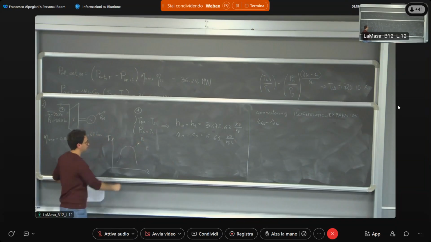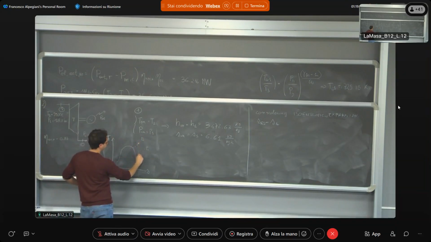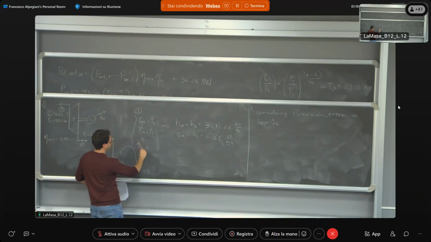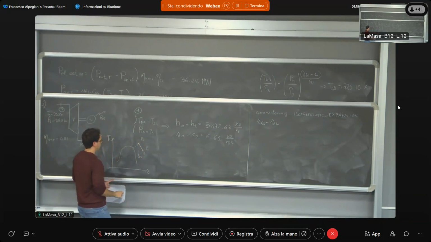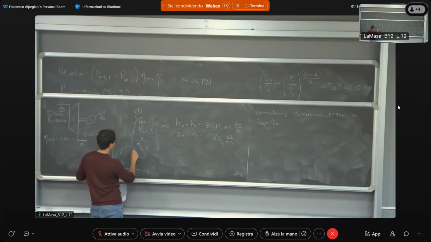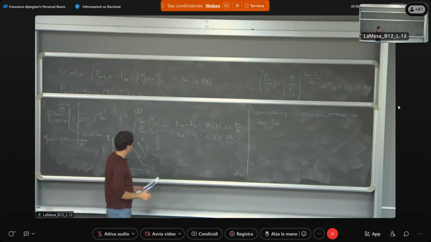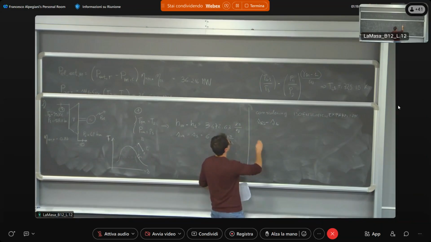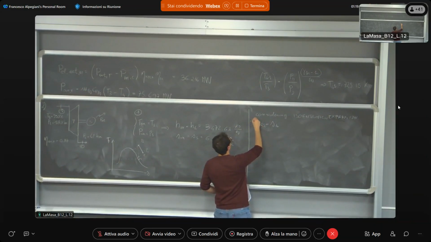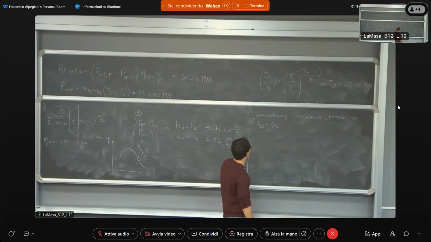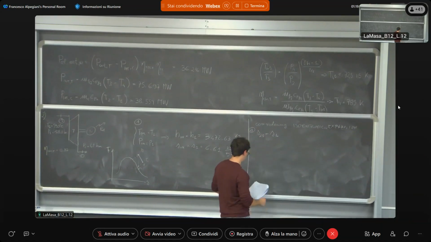If we consider an isentropic expansion, we have a vertical line, and this will be point 2S. In a real expansion, we will have something like this. So we consider now point 2S, and we say that the entropy in point 2S, since it is at the end of an ideal expansion, will be equal to the entropy in point number 1.